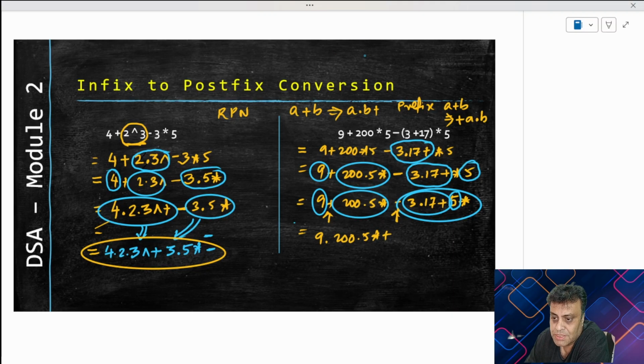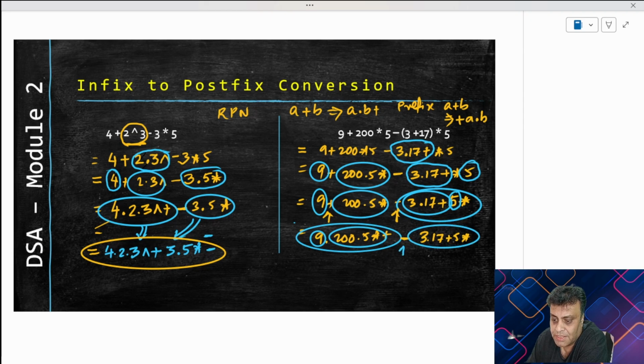So I hope you can understand. So what we did is, this was our smaller set, this was one more smaller number, and we combined this with the plus sign. So now we have this as my larger number, right? And then we also have a minus sign here, and we also have a 3.17 plus 5 star, and this anyways was a larger number from the previous step.